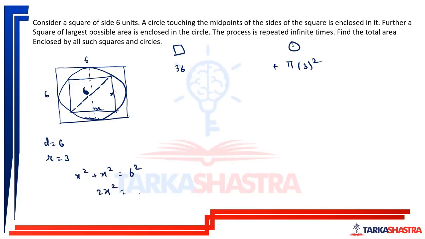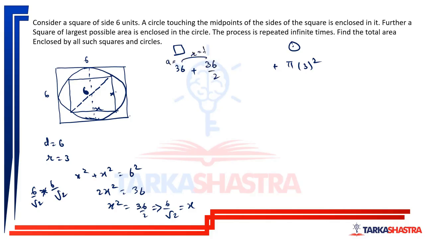That is 2x square is equal to 36, which gives me x square is equal to 36 by 2, which gives me x is equal to 6 by root 2. So here the area will be 6 by root 2 into 6 by root 2, that is 36 by 2. So these are my two terms. I know that this is my first term, and here the common ratio is 1 by 2. That's it. I don't have to move forward.